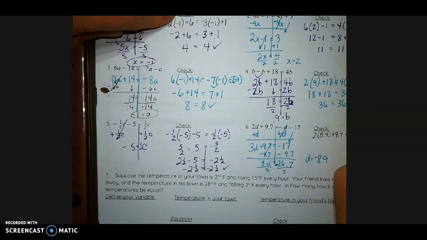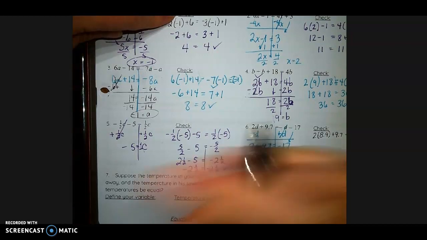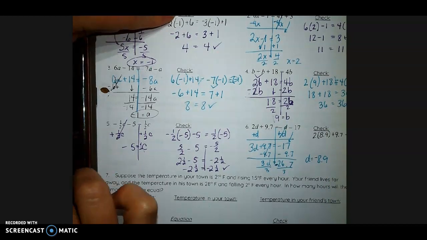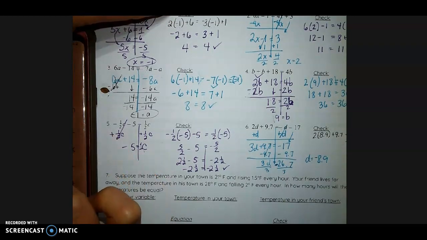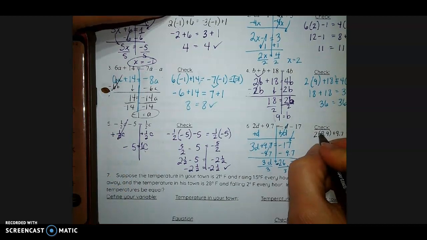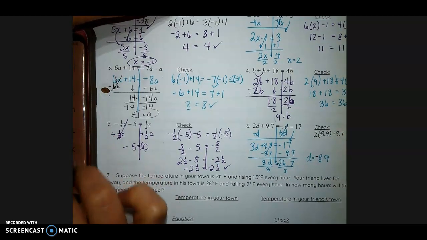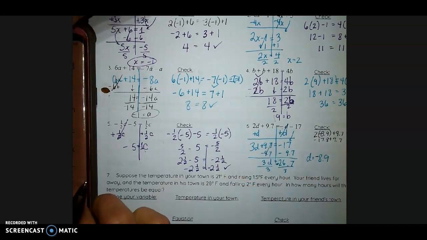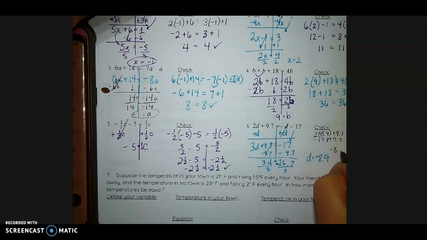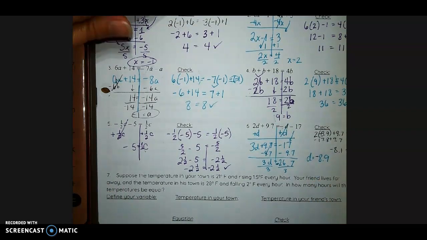So that's going to make it positive 8.9, which is going to make it negative 8.1 on this side. And I find I have the right answer there.